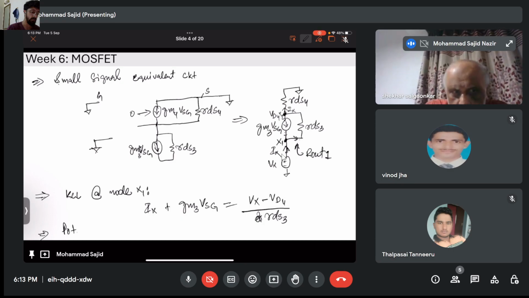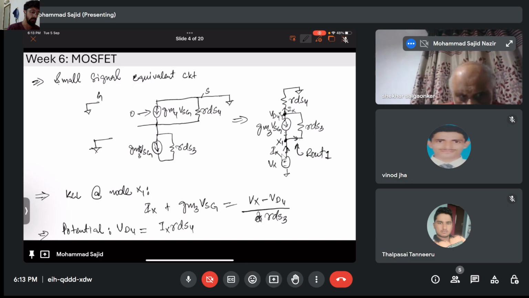Potential, can you tell me what will be the potential VD4? It will be simply Ix multiplied by RDS4, right? So this current Ix is flowing.